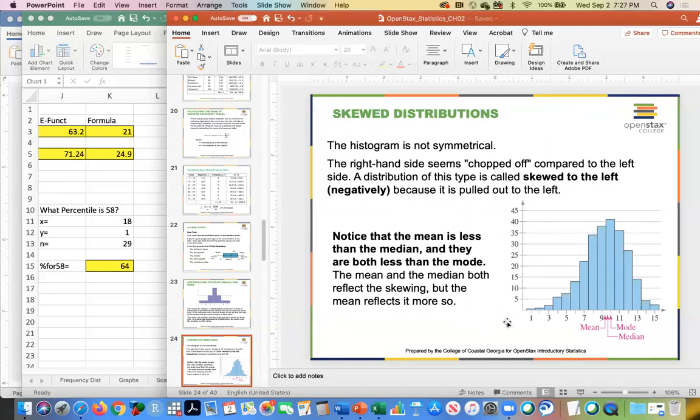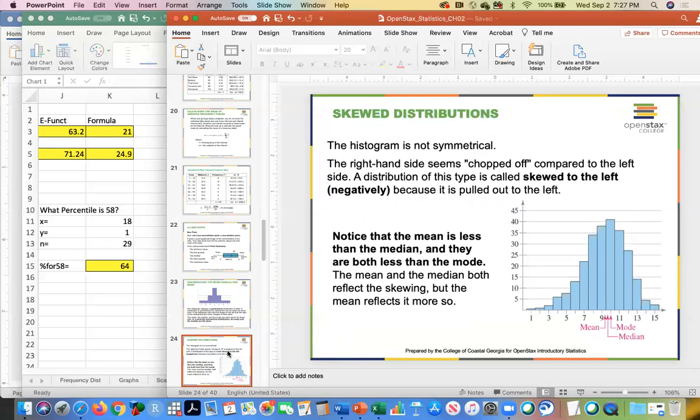When we have this kind of distribution, of course, it is different from this. The tallest bars are going to the right, so the tail on the left is longer. In this case, the mean is less than the median, and they are both less than the mode. This is an indication that this distribution is skewed to the left, or skewed left, or negatively skewed.